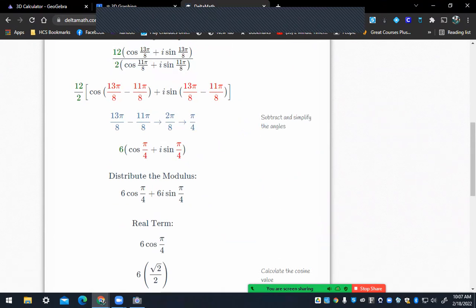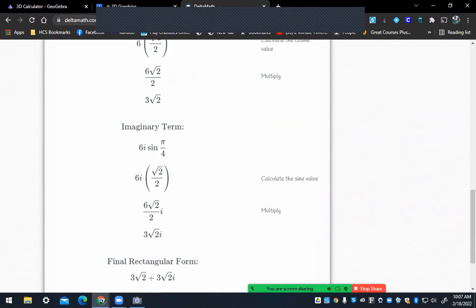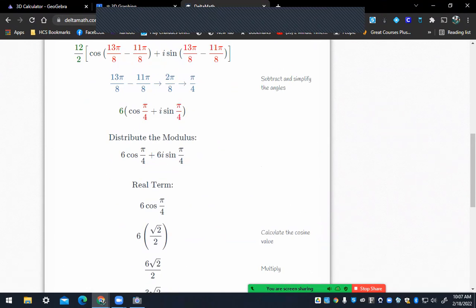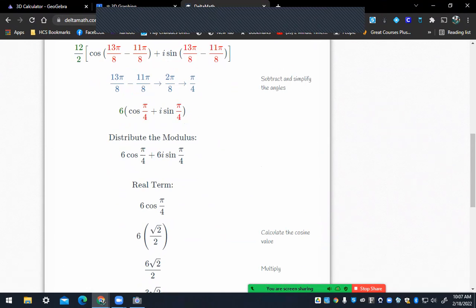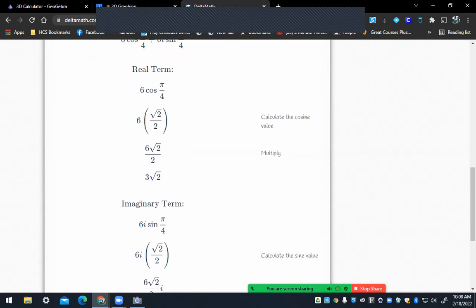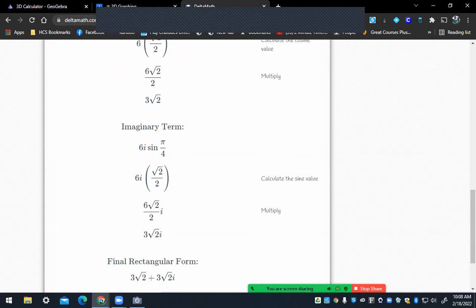Going from here to here, basically all you do is multiply the 6 out. They did it a little differently, but I multiplied the 6 out first, just distribute. Then I changed cosine to root 2 over 2, and the same thing for sine, I changed it to root 2 over 2. And then you get that.